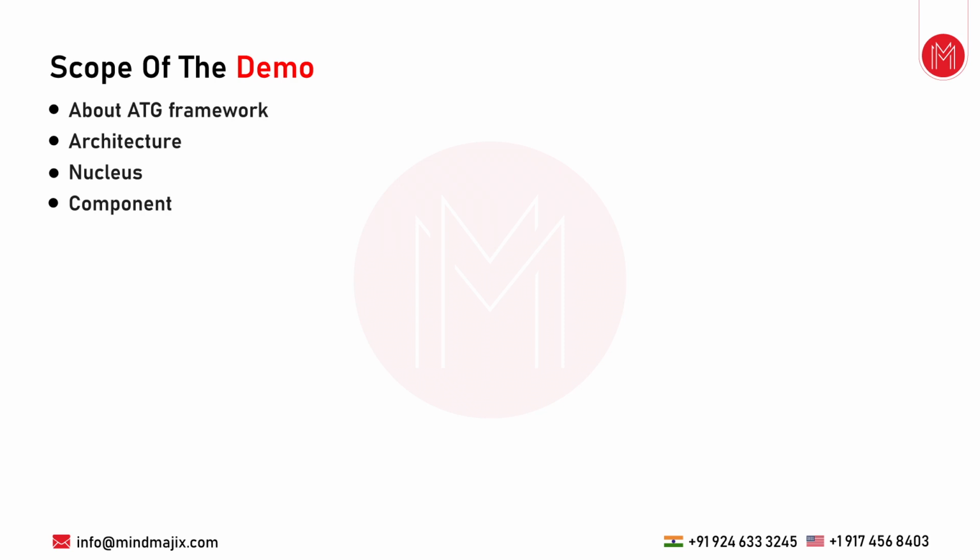Basically, ATG is built on top of Java J2EE, and Java J2EE serves as the base of ATG. So anyone who is not aware of Java J2EE cannot start learning ATG directly. This is the prerequisite that you should learn.